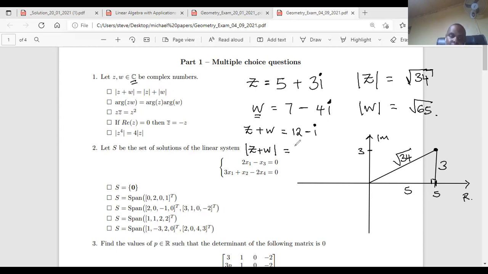So 12 minus... square root of 12 by square root of 12 minus 1, so it would be square root of 11. No. It's going to be the square root of 145.